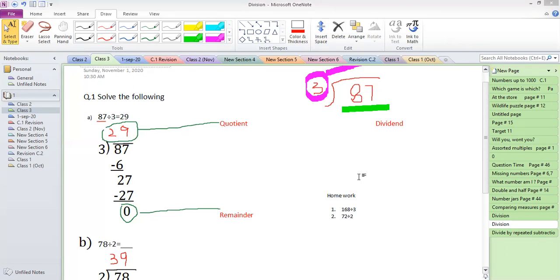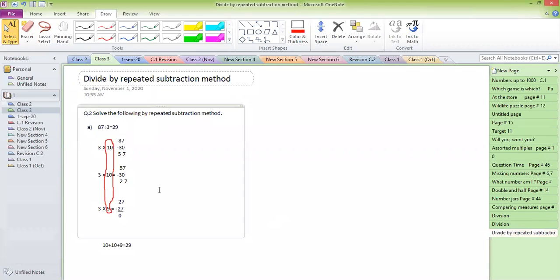Okay, in the repeated subtraction method, if you want me to repeat, what you have to do is write the dividend first, because the dividend is 87. Now multiply the divisor by 10 and minus it from the dividend. 3 multiplied by 10 is 30, minus it from the dividend, it becomes 57.